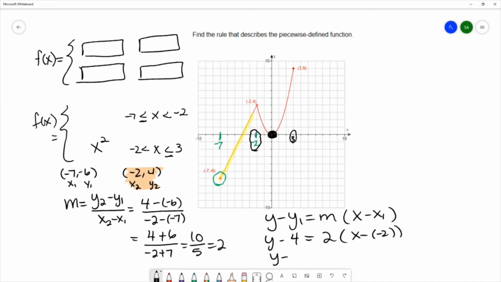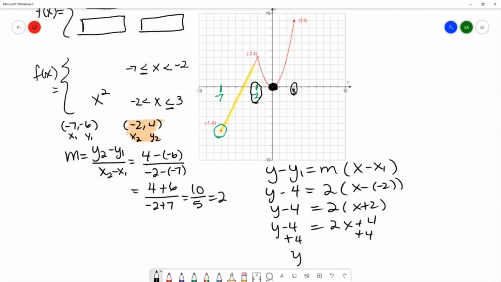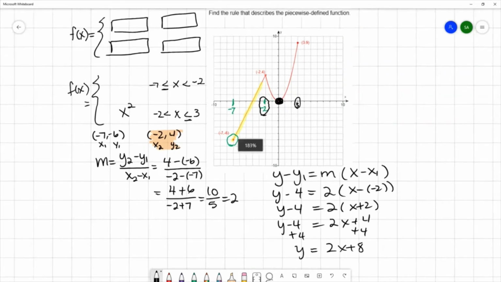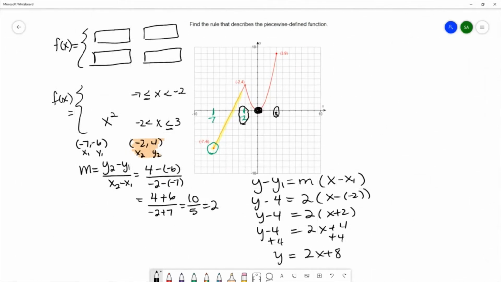So y minus 4 equals 2 times x plus 2. Then I'll distribute the slope of 2 to give me 2x plus 4. I'll add 4 to both sides, giving me the equation y equals 2x plus 8. So now we found the equation of the line to be y equals 2x plus 8. So we'll use 2x plus 8.